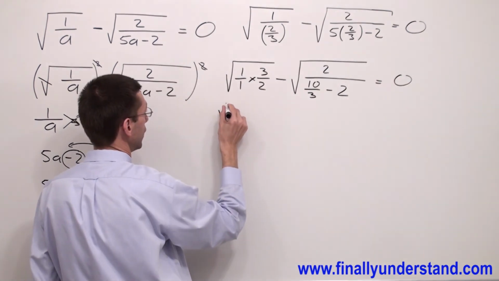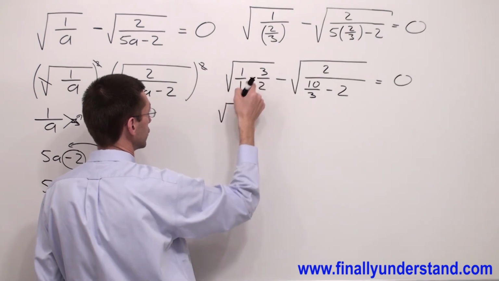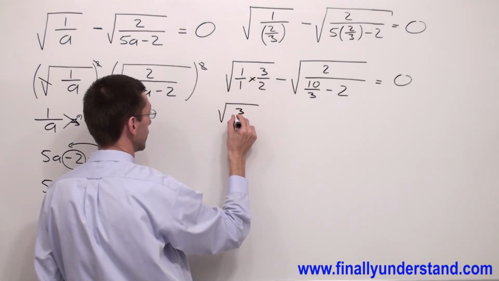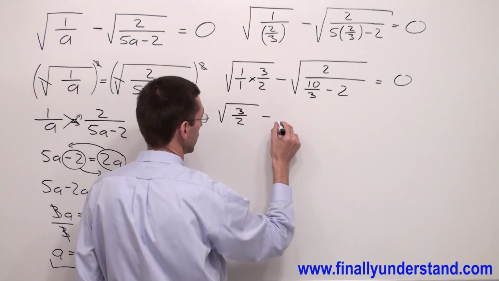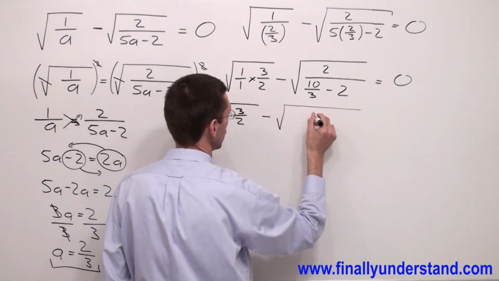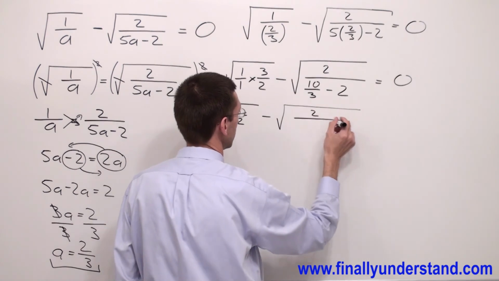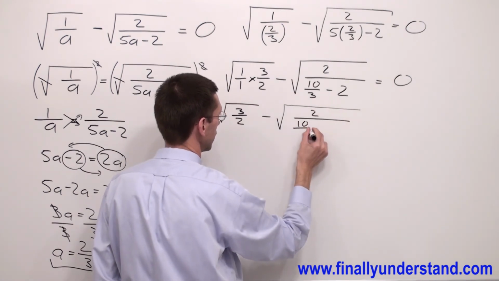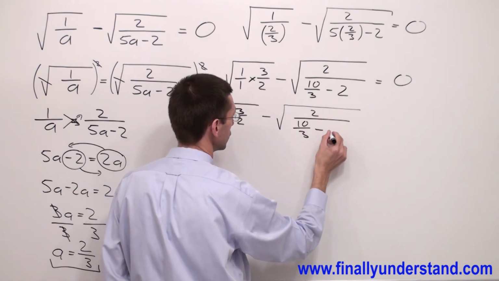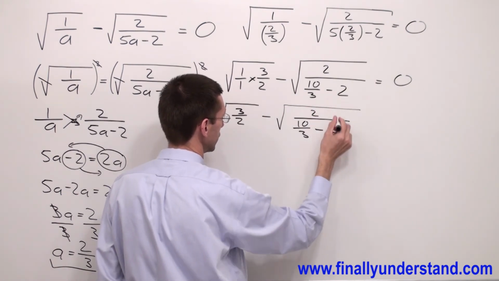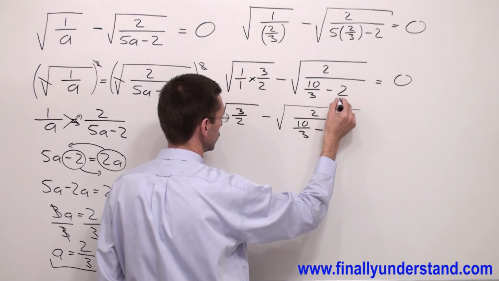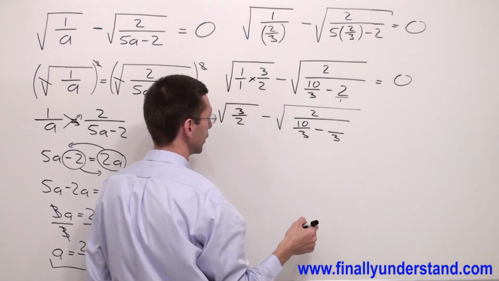I have square root of 1 times 3 is 3 over 2 minus square root 2 over 10 over 3 minus, I have to find a common denominator, which is equal 3. Remember, I have to convert 2 to a fraction. I'm going to write 2 over 1.